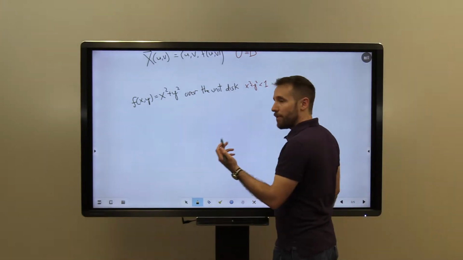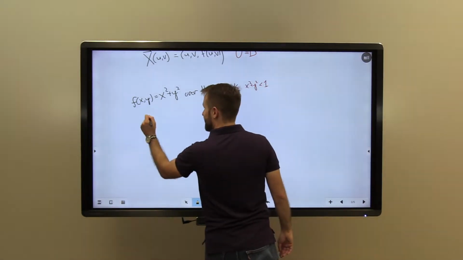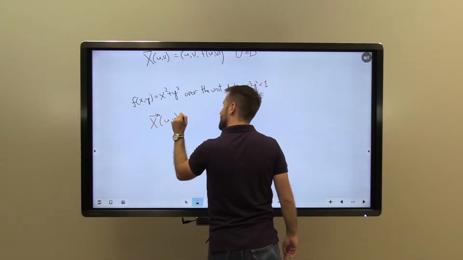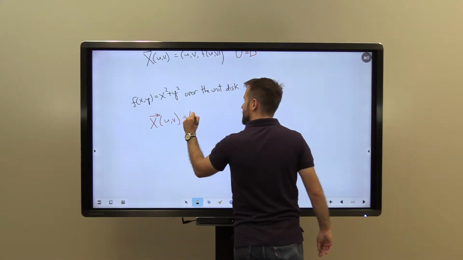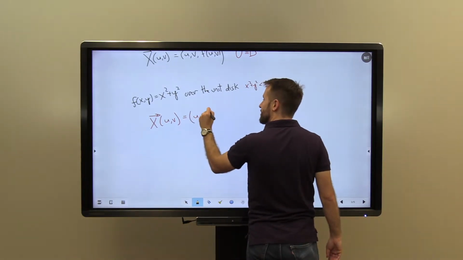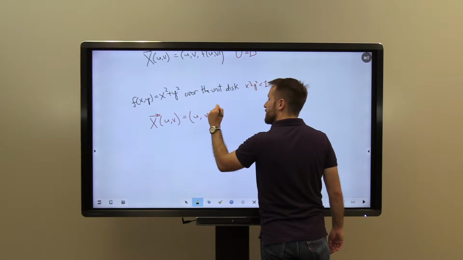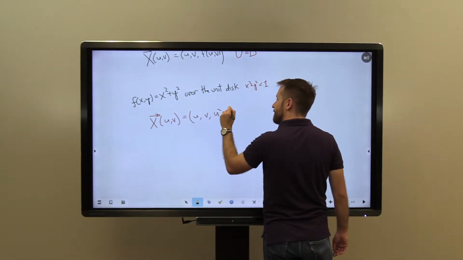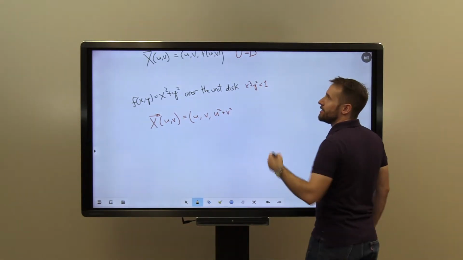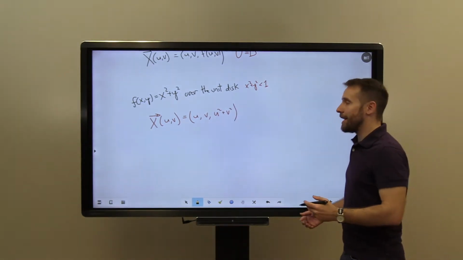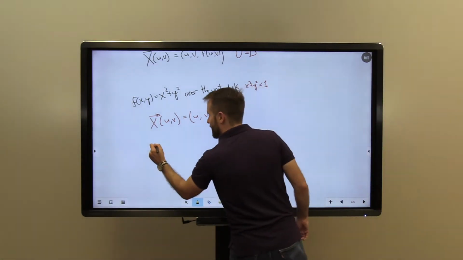So we would write this as a function x of u comma v, where its x-coordinate is just equal to u, its y-coordinate is just equal to v, and its z-coordinate will be u squared plus v squared. That is the function with u's and v's plugged in instead of x's and y's. And so this could schematically be drawn as follows.